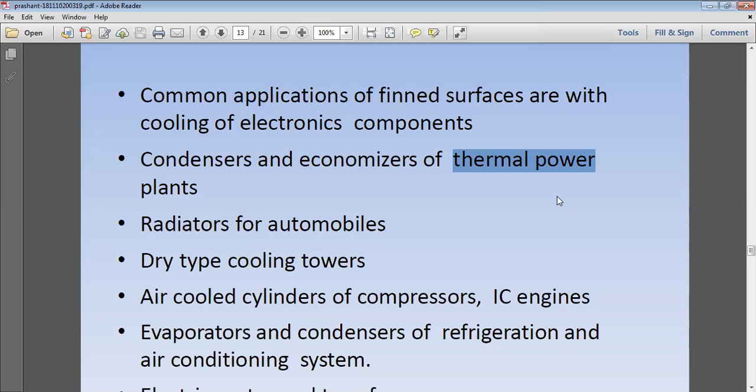Heat is continuously rejected to the surroundings. Once it is rejected, that heat is carried by these fins and transferred to the atmosphere. So more effective heat transfer takes place by providing a number of fins at the back end of the condenser and economizer. This is the thermal application: in the condenser and economizer, more fins will be used.